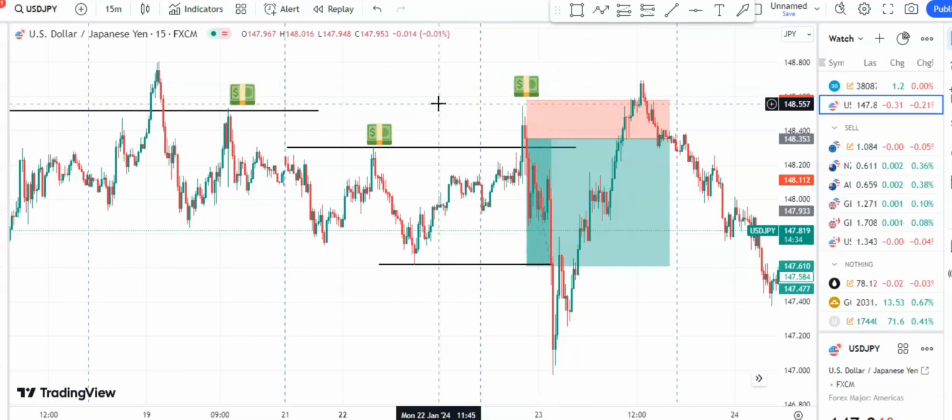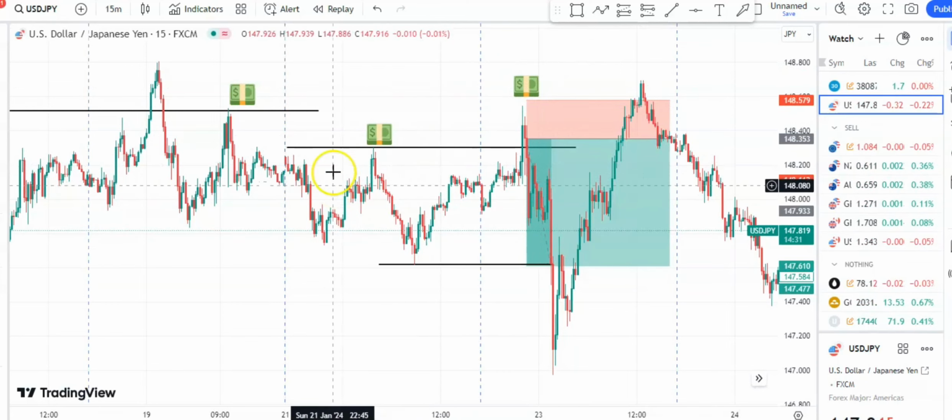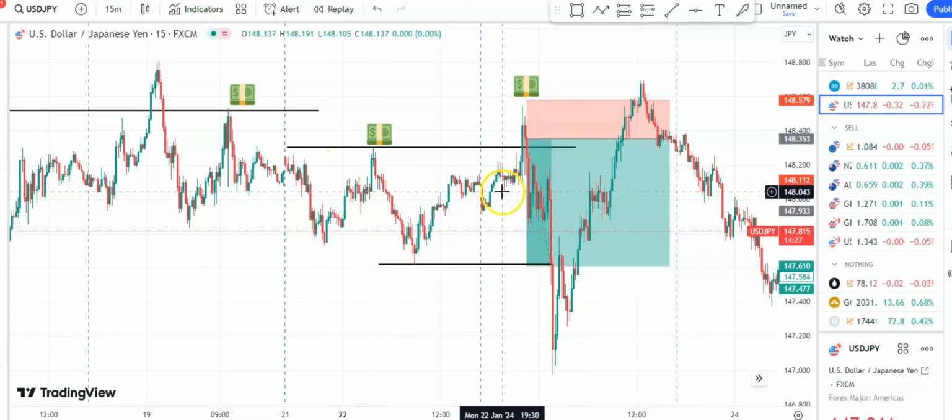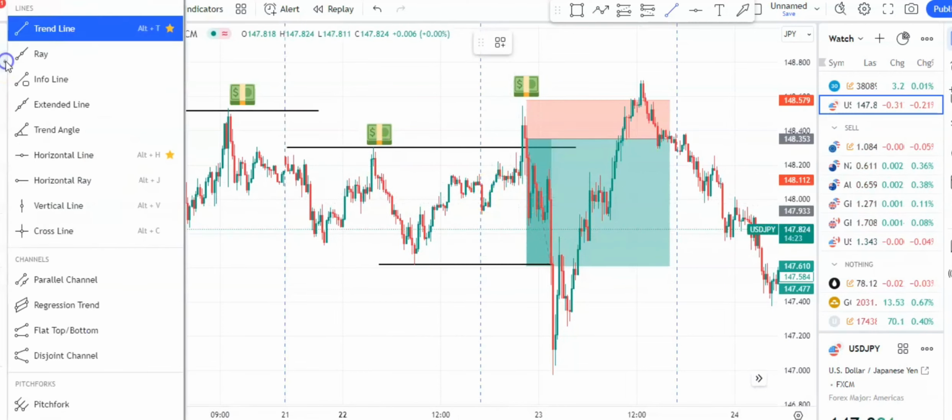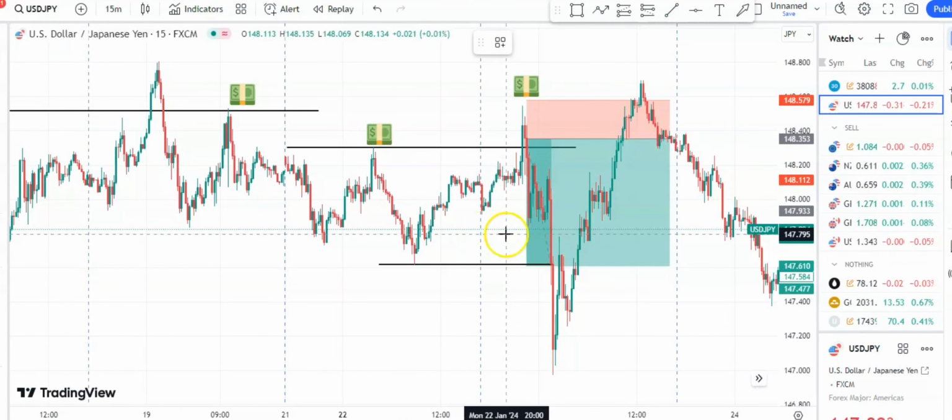Now what happens? Price on Monday, we have no trade setup. On Tuesday in the Asian session, let's look at the timing window between 8, so that's 20 to 23.